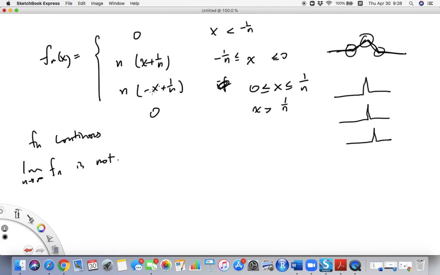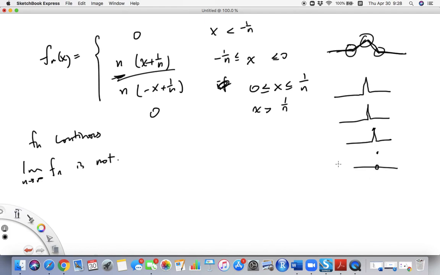Because this is essentially a linear function that is 0 when x equals minus 1 over n, and is equal to 1 when x equals 0. And the slope is n, right? So the slope is getting steeper and steeper, but at 0, the maximum of this function is always 1, right? So eventually, it converges to this function. It's 0 everywhere, but 1 at 0.